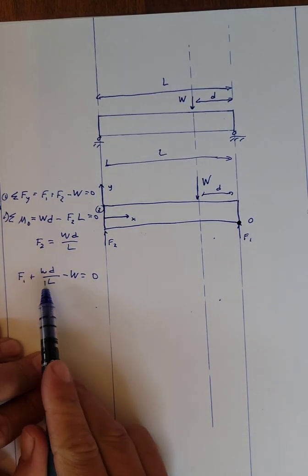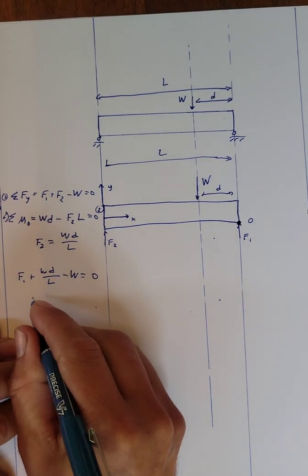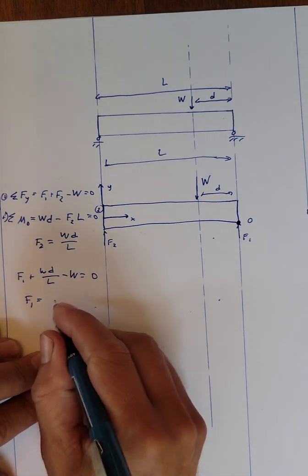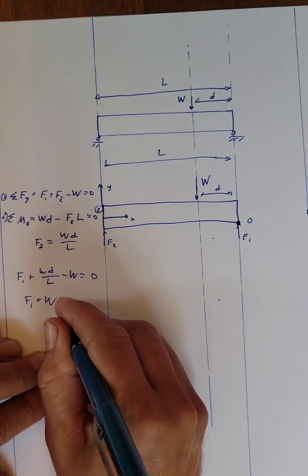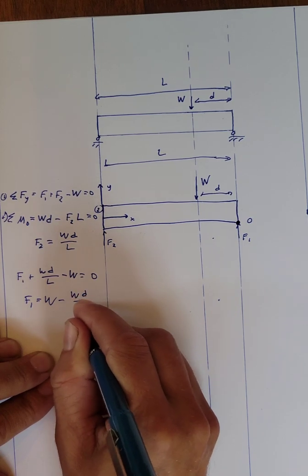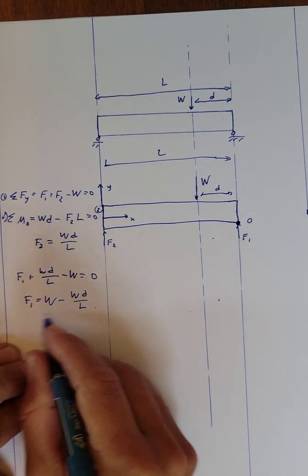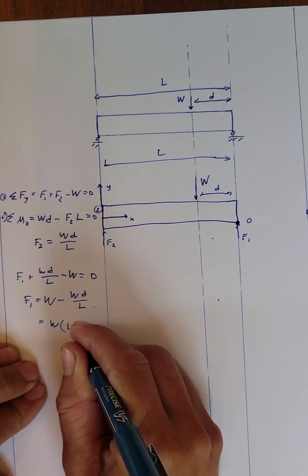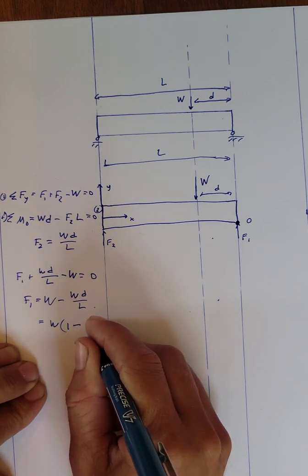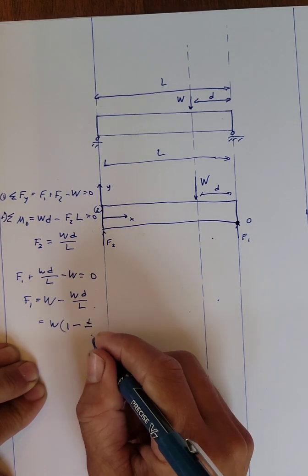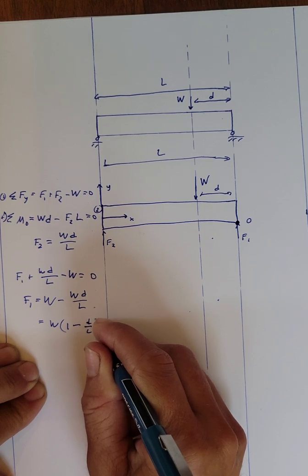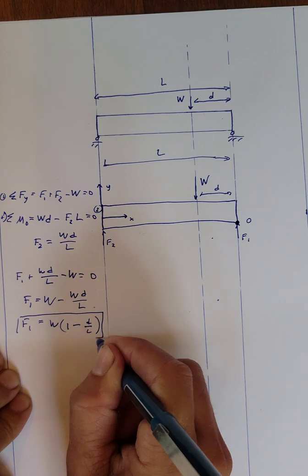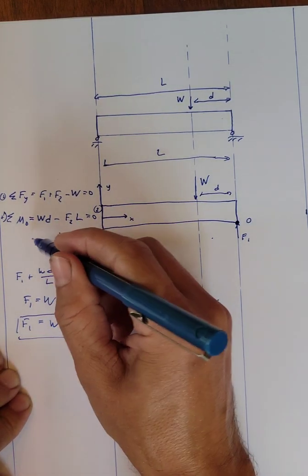We can move everything over to the other side, so we can get F1 is equal to W, adding this to the other side, minus WD over L. And we can pull the W out and get W times 1 minus D over L. So we've solved for both of our reaction forces here.